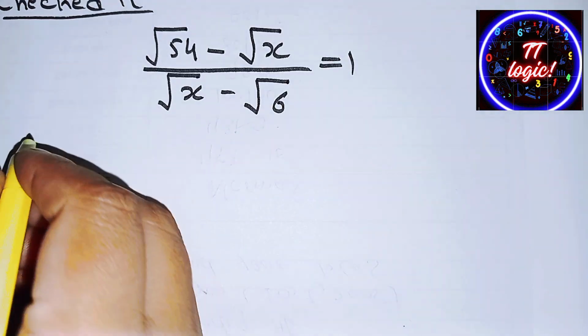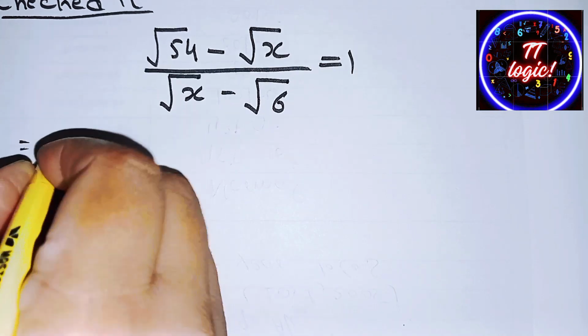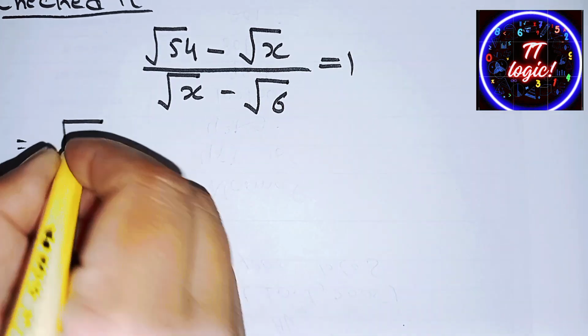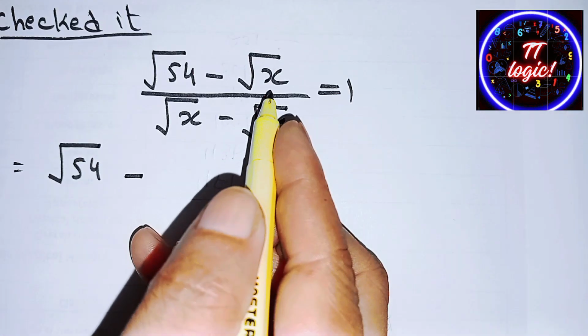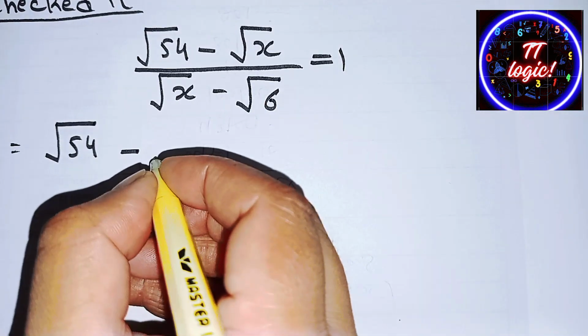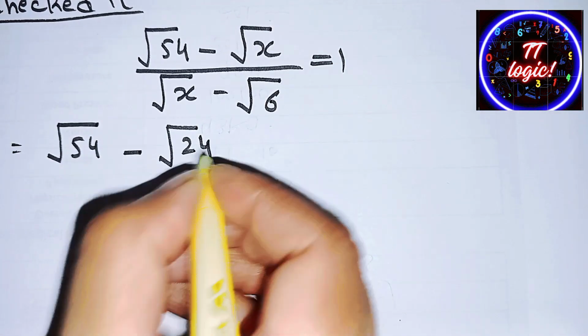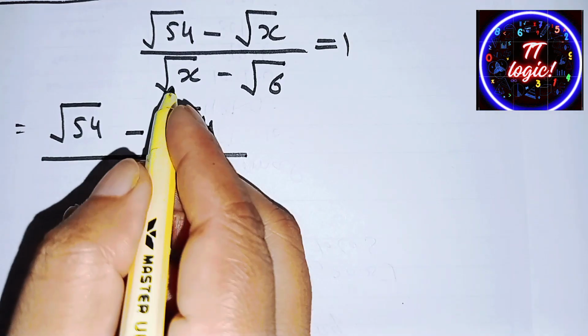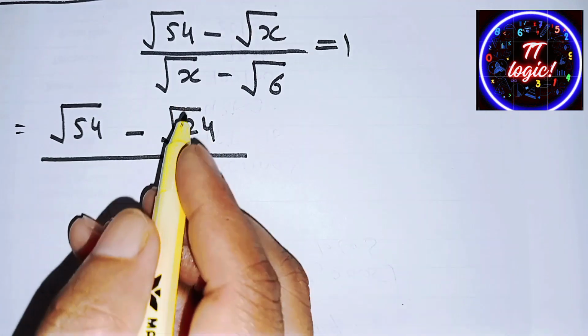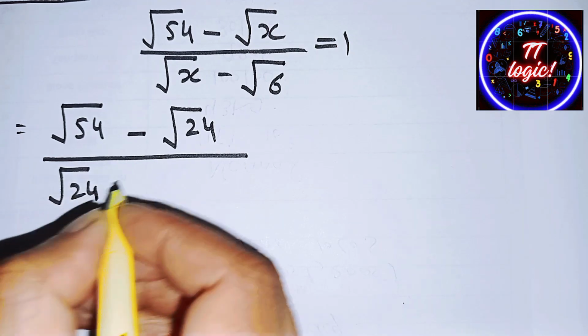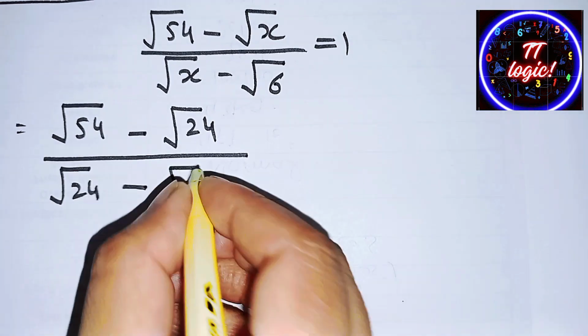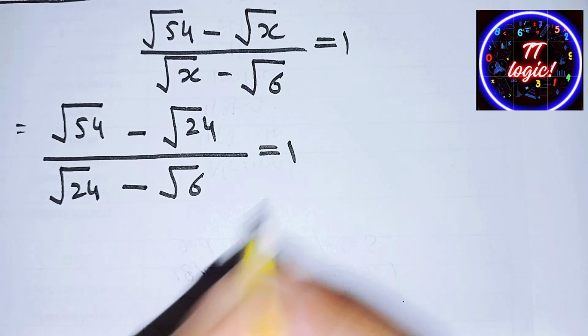So we put √54 minus √24, over √24 minus √6, is equal to 1.